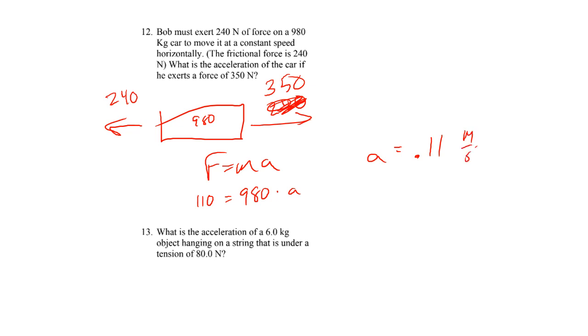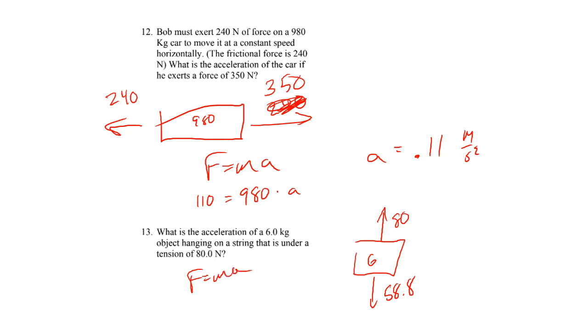What is the acceleration of a 6 kilogram object hanging on a string that is under a tension of whatever? Alright, so the mass is 6, and the force of tension is going to be 80. Well, what's the force of gravity going to be? It's going to be 6 times 9.8, so 58.8. Well, we're going to do F is equal to ma again.